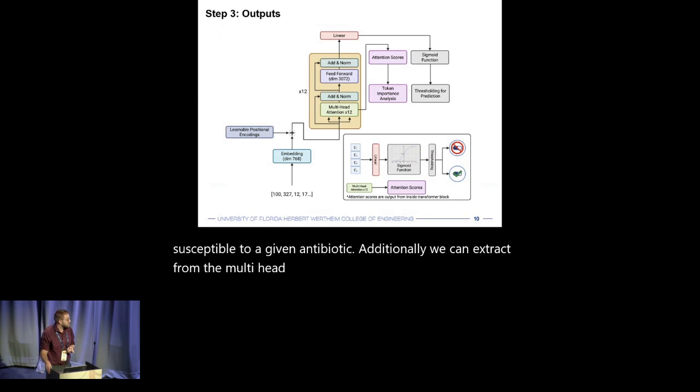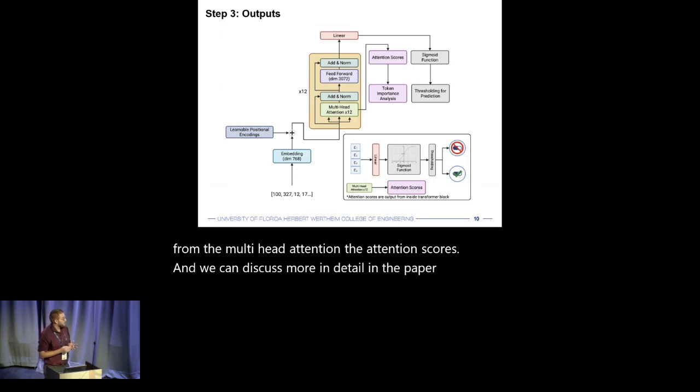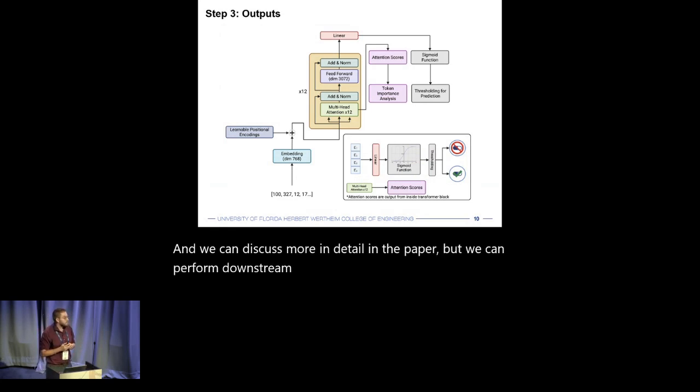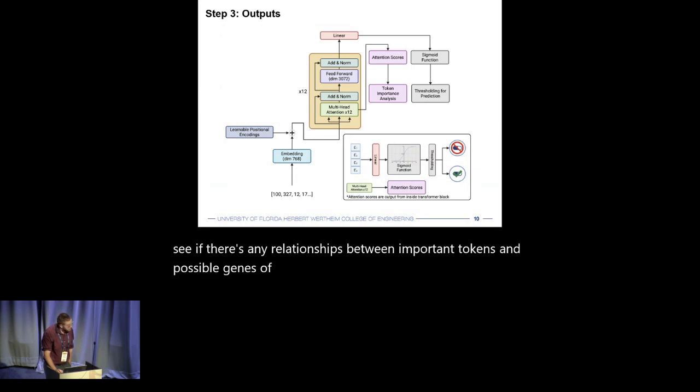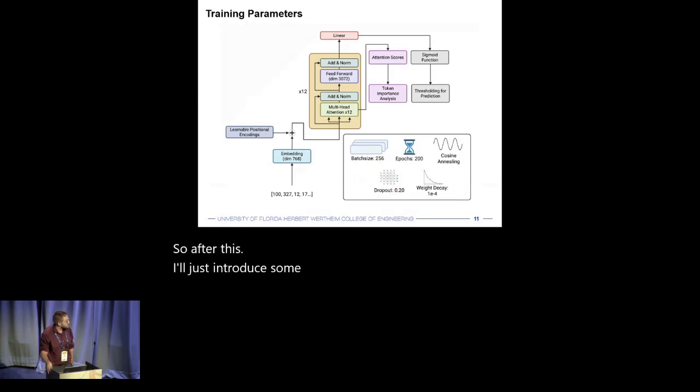It's discussed in more detail in the paper, but we can perform downstream token importance analysis to see if there are any relationships between important tokens and possible genes of interest.